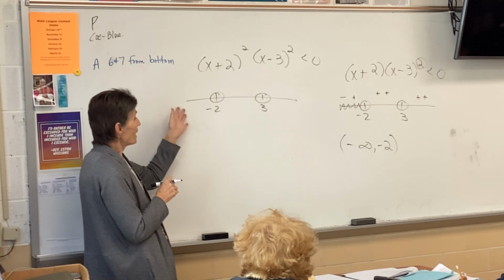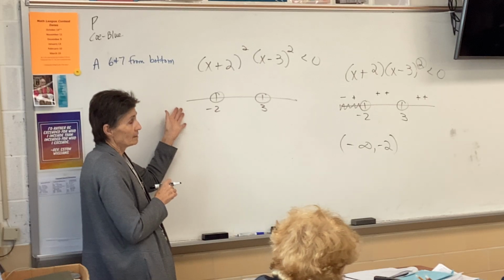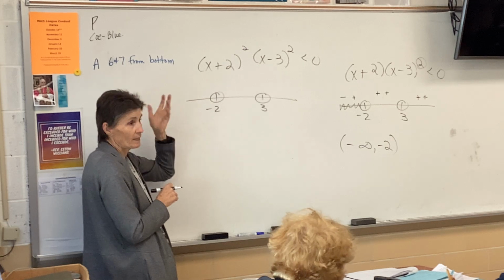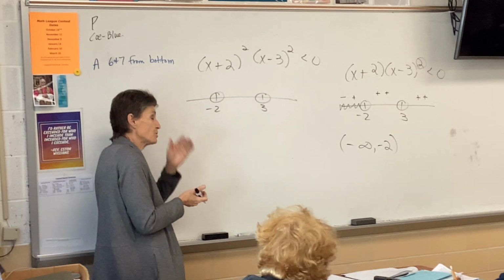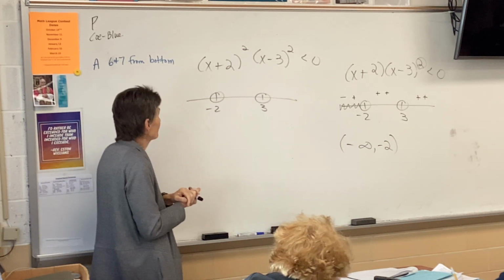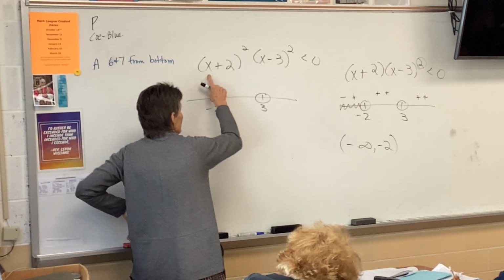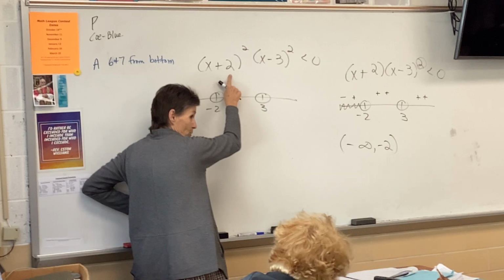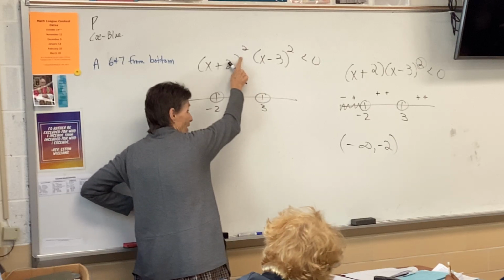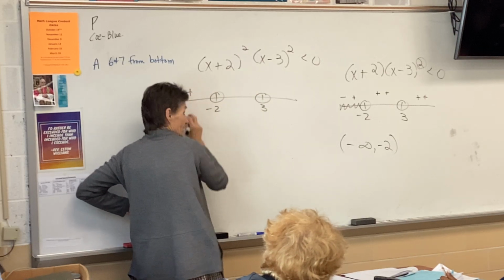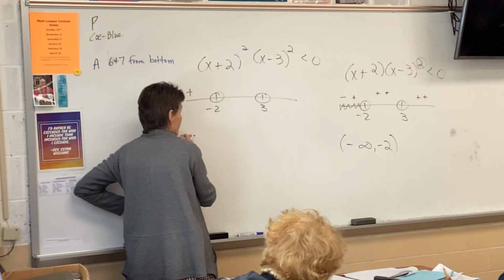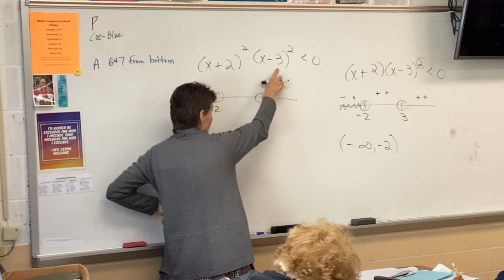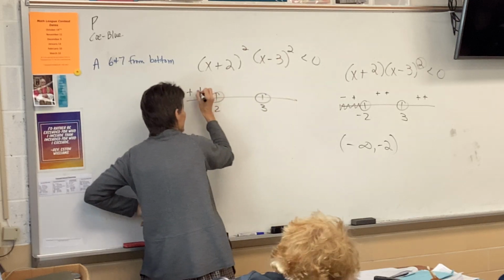You can pick whatever numbers you want over here. Anything less than -2 you can pick. So, I'll just do -3. -3 plus 2 is a negative number. -3 minus 3 is negative, but I'm squaring it so it is also positive.